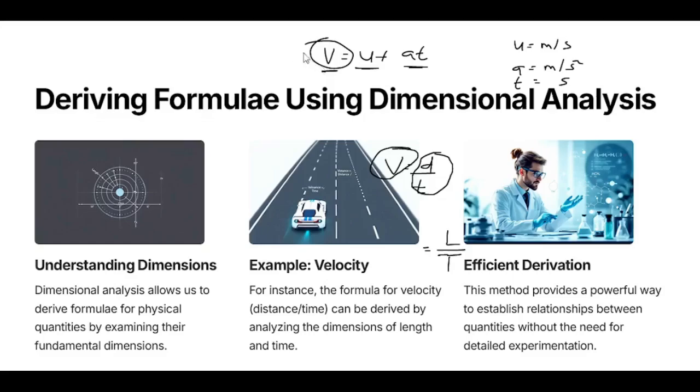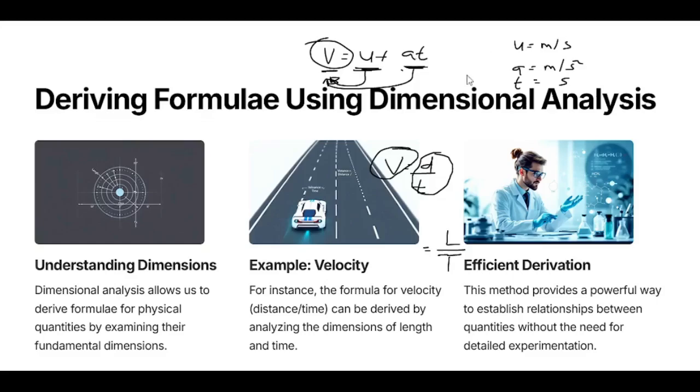To find the dimension of V, we know only this. Since this is separated with a plus, the unit of this one is equal to the unit of that one, without any experiment. A and T are separated by multiplication.